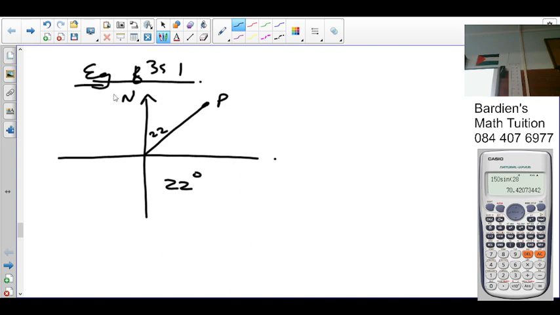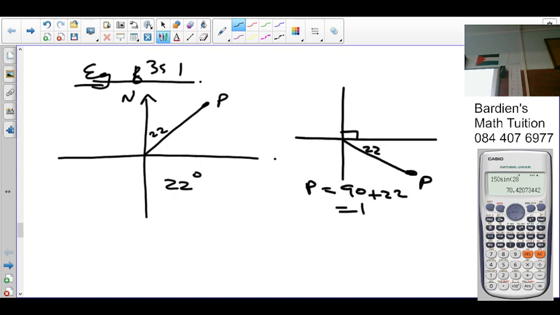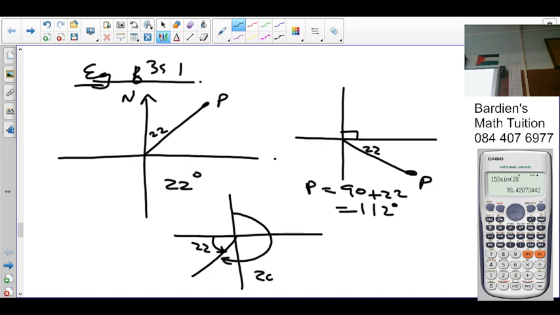What will the bearing of point P be in this case? 90 plus 22, which is 112. What would your bearing of P be here? 202, because I'm always starting from the north line. You guys understand? What will your bearing be here?